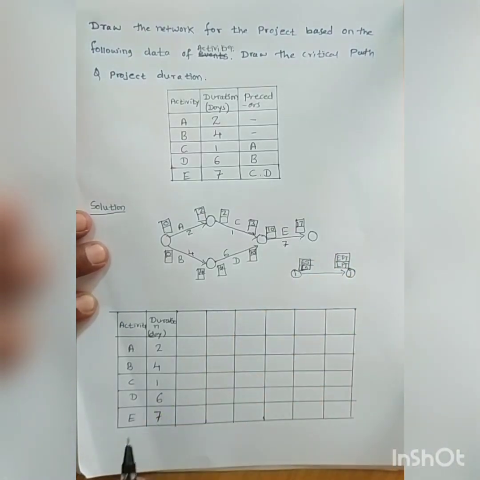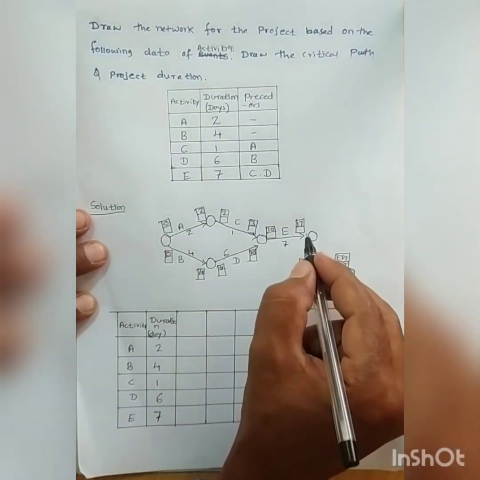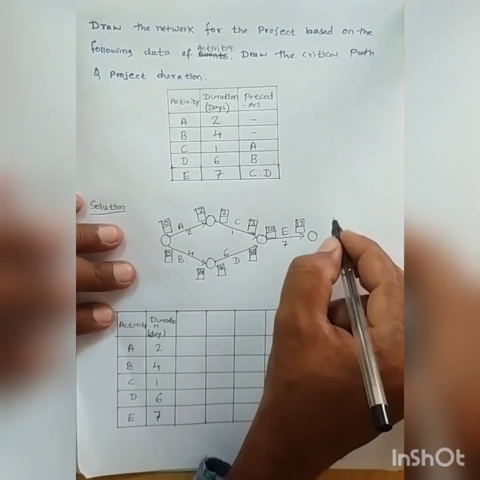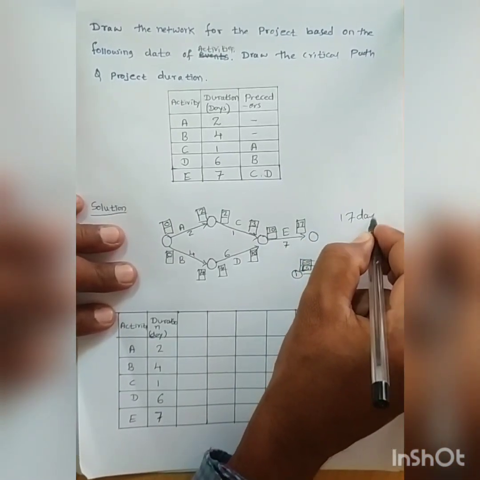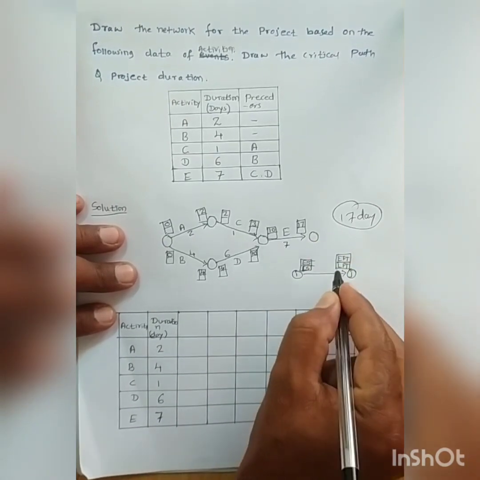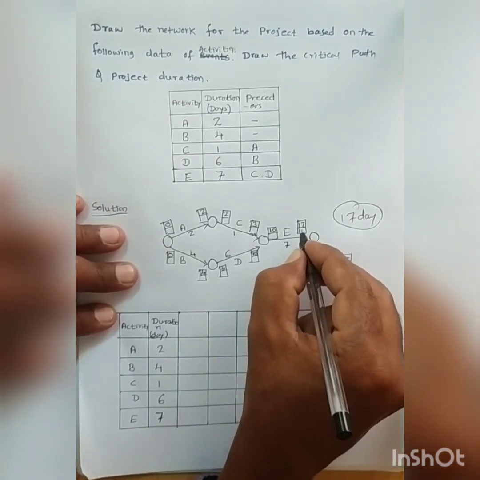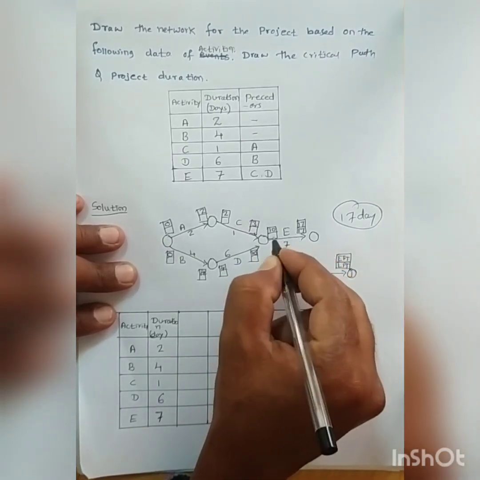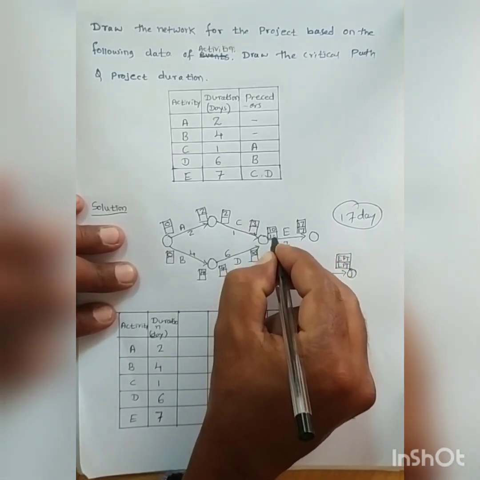Next is the backward pass computation. We take 17 as the latest finish time, and the latest start time is 17 minus 7, 10.